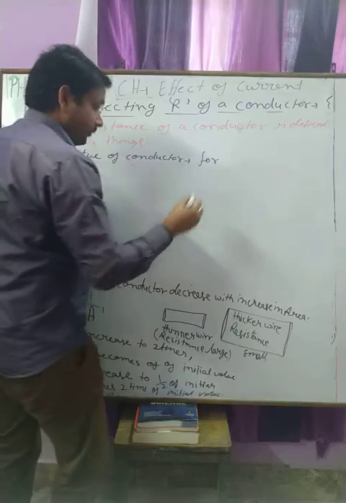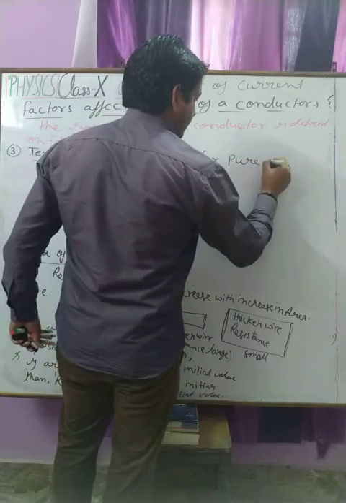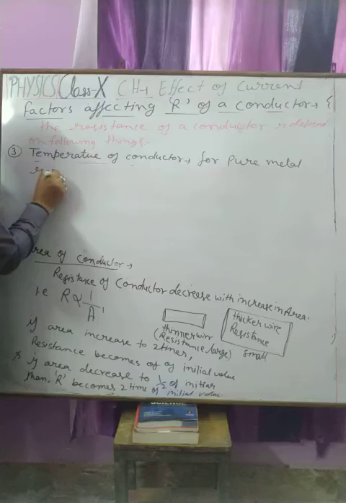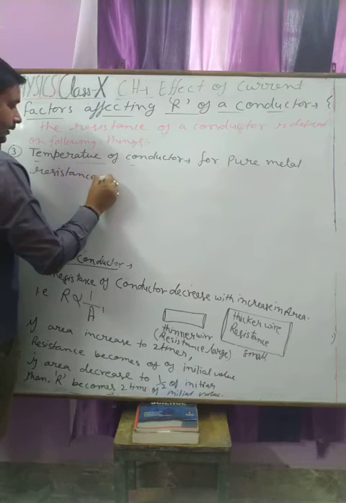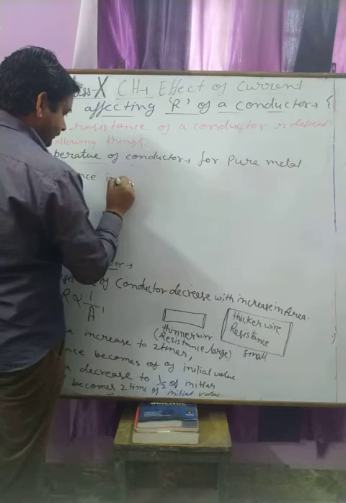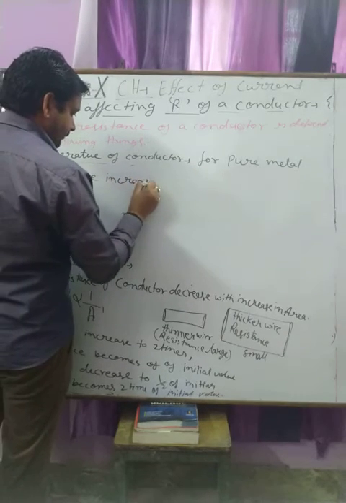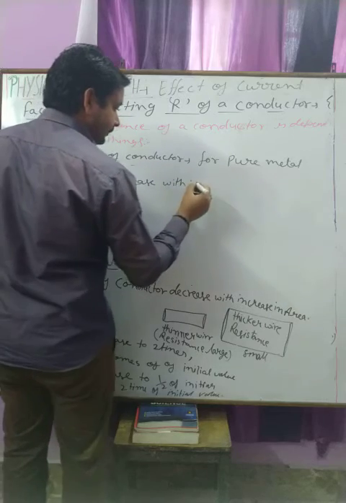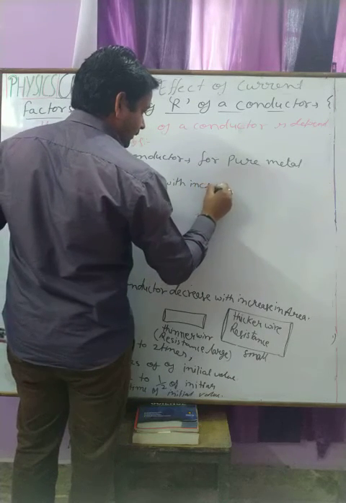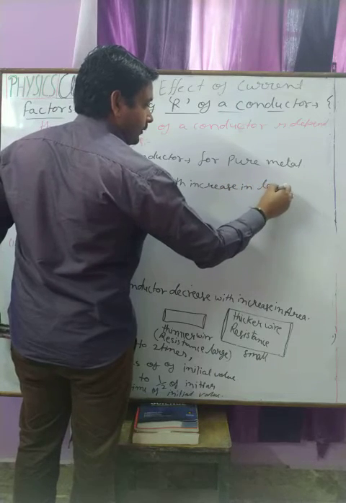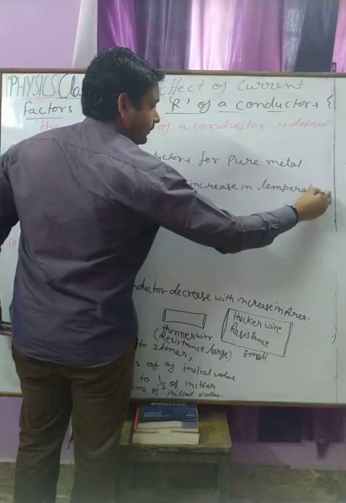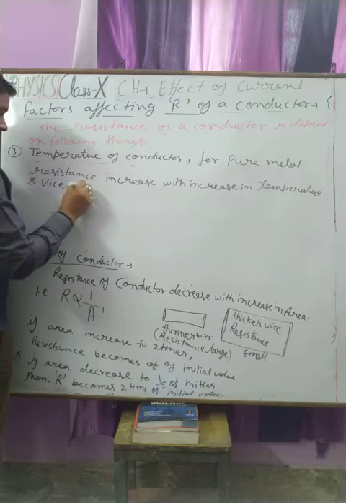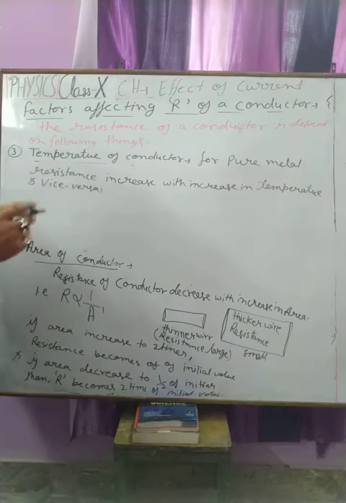For a pure metal, resistance increases with increase in temperature, and vice versa, that is, it decreases with decrease in temperature.